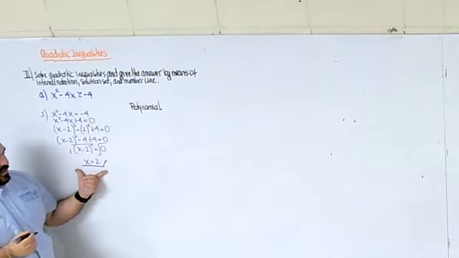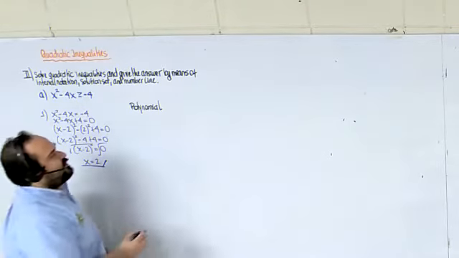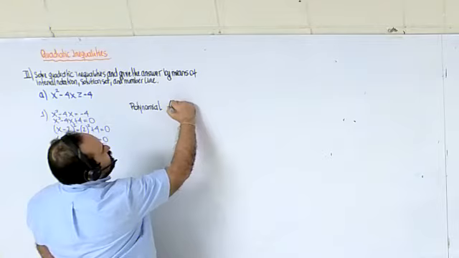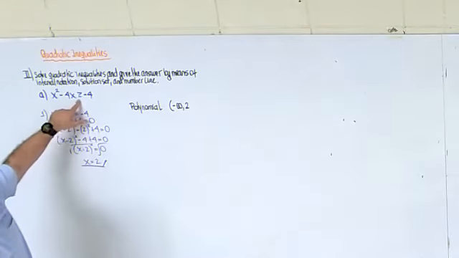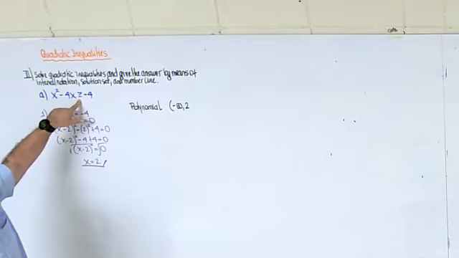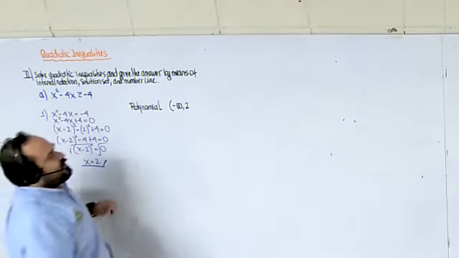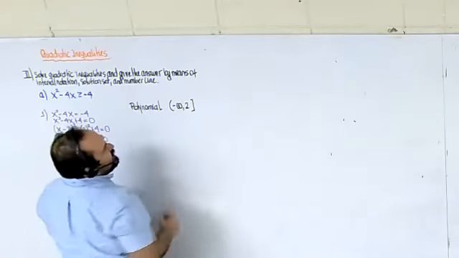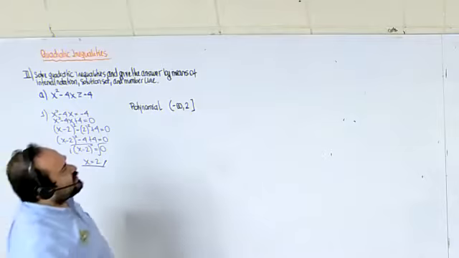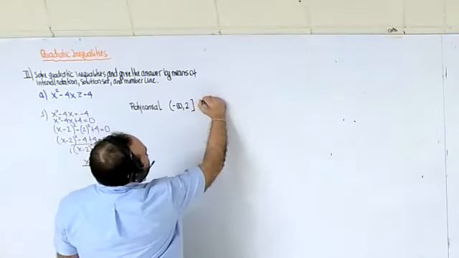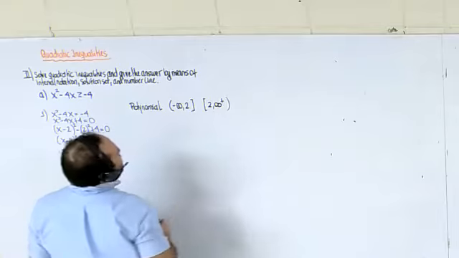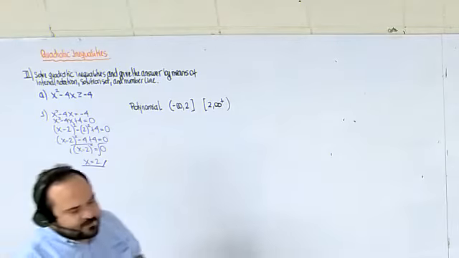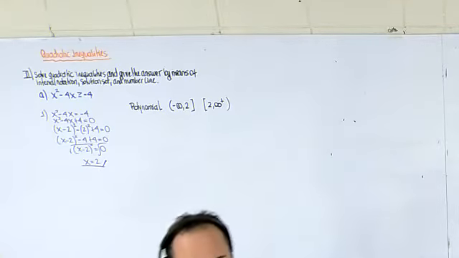Remember, because we have one singular solution, we have two possible intervals. The first one, negative infinity to 2, and because this inequality has the equal sign, we can close the bracket at the number 2. Another interval could be 2 to positive infinity.